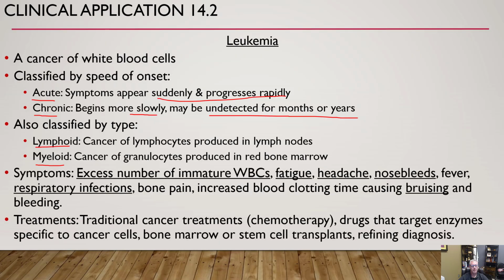All right. So basically, we have too many immature white blood cells. We have too many eosinophils. We have too many monocytes. We have too many of something. And it's going to cause headaches, fevers, nosebleeds, fatigue, respiratory infection, bone pain, increased blood clotting time, increased bruising, increased bleeding.